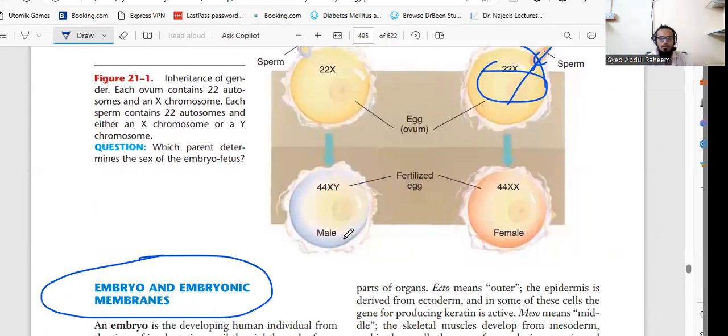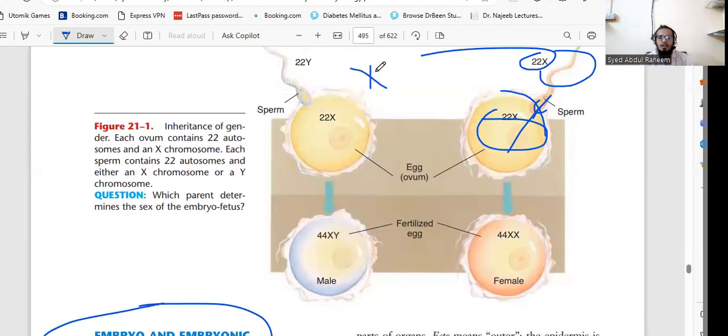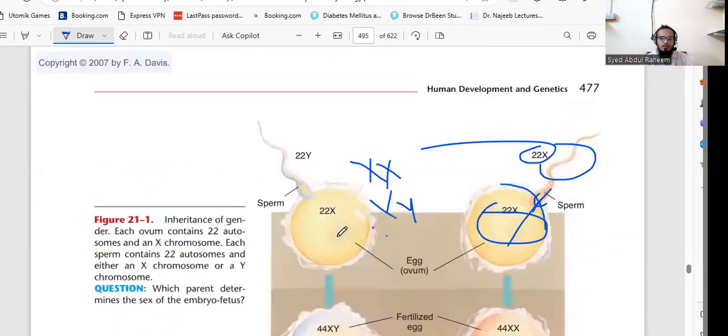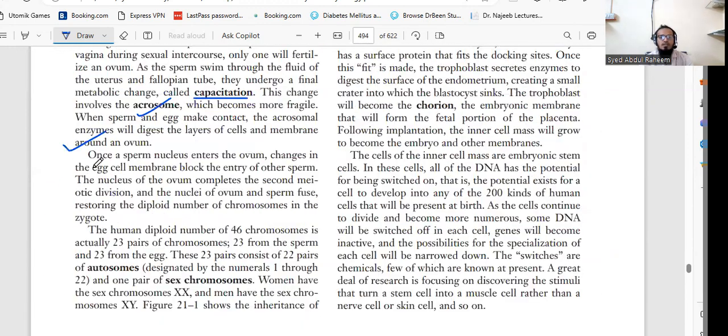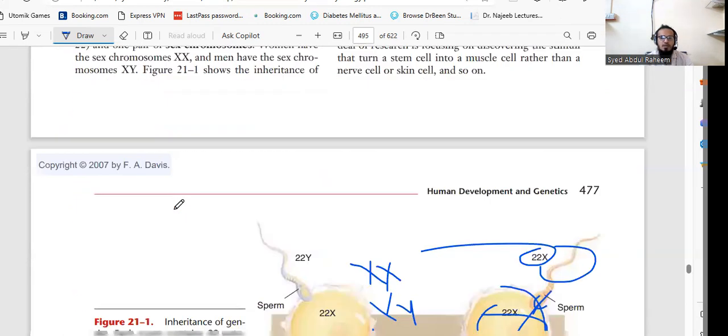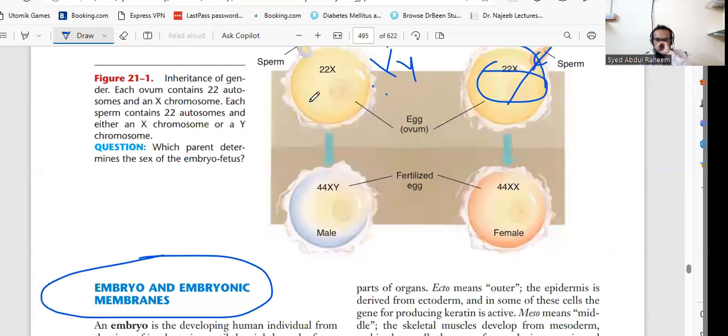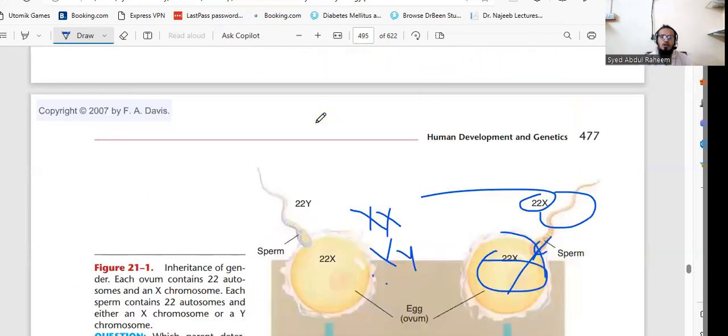It may be male or female. If XX bonding happens, we have female. If X and Y chromosomes bond, we have male. Once a sperm nucleus enters the ovum, changes in the cell membrane block the entry of other sperm. So one sperm enters into the ova, then the layer will close, so no other sperm will enter into the ova.